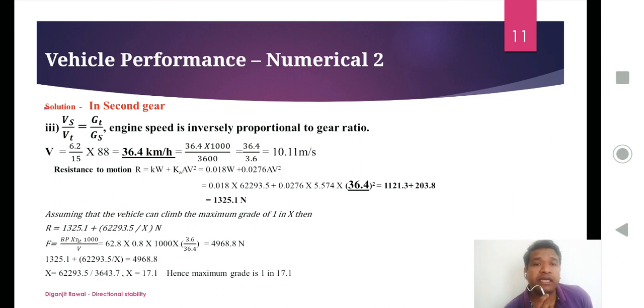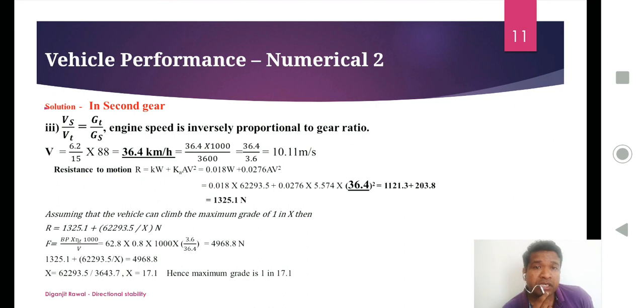62,293.5 divided by X. So F, the tractive effort, is equal to BP into transmission efficiency into 1000 divided by V. So we calculate this by putting all the values: 62.8 into 0.8, the transmission efficiency in second gear, into 1000 into 3.6 divided by 36.4, because we know the value of V as 36.4 divided by 3.6.